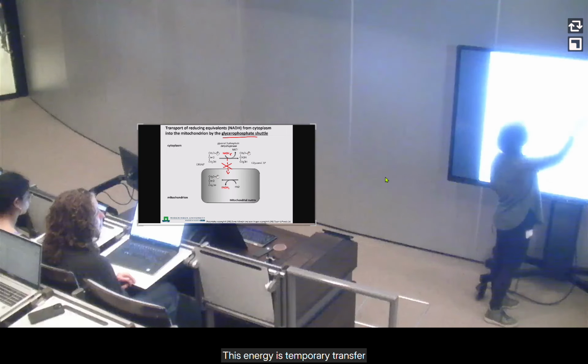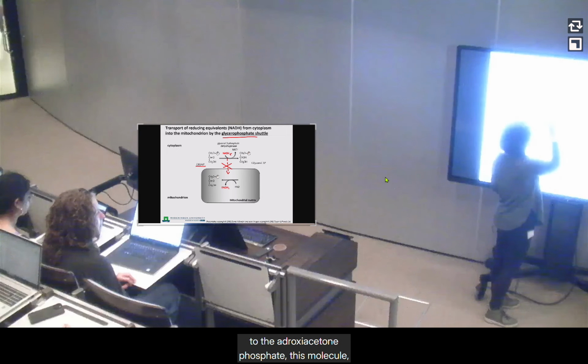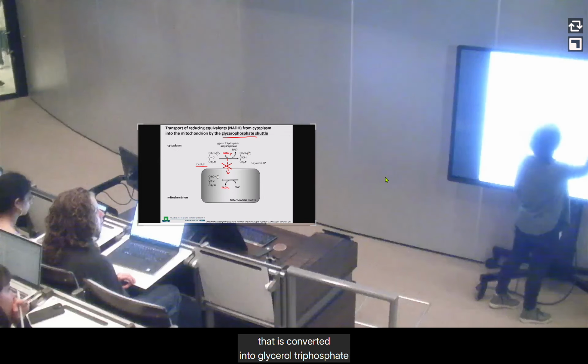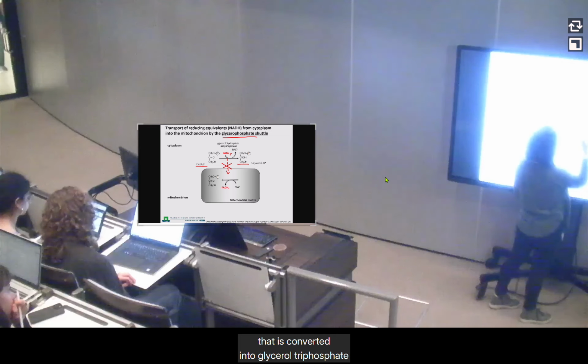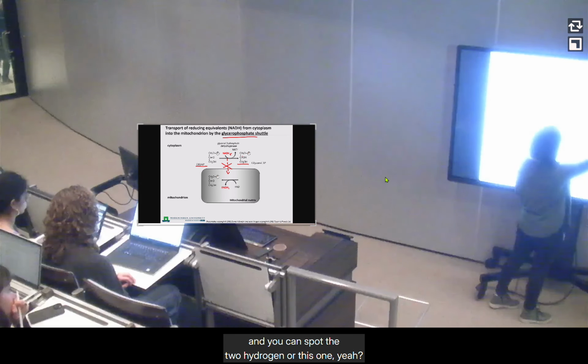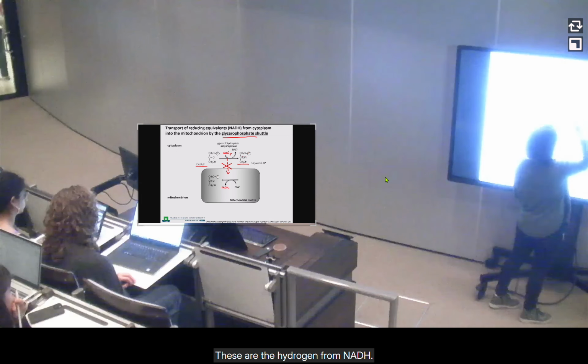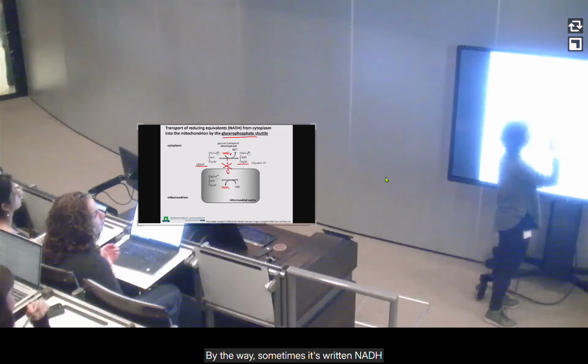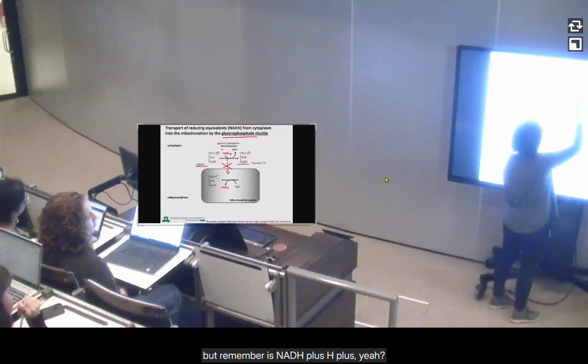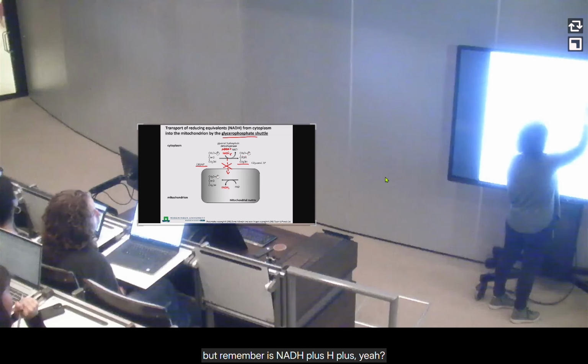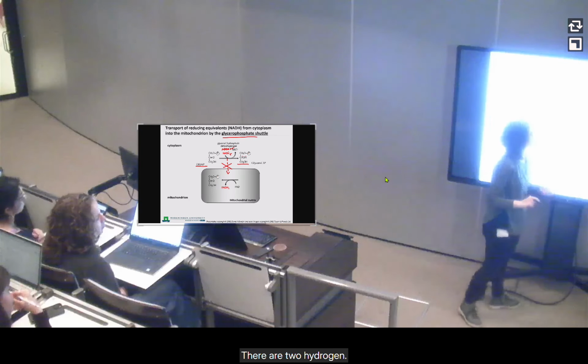This energy is temporarily transferred to the dihydroxyacetone phosphate, this molecule, that is converted into glycerol phosphate. You can spot the 2 hydrogens here. These are the hydrogens from NADH. By the way, sometimes it's written NADH, but remember it's NADH plus H plus. There are 2 hydrogens.